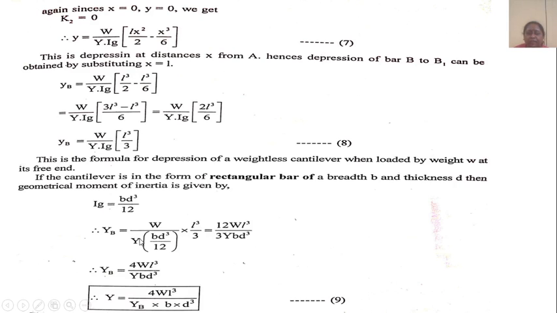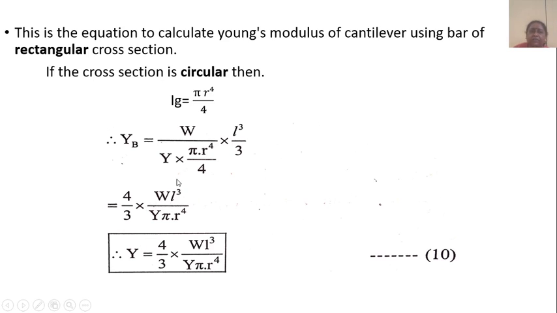Therefore, yB equals W upon Y into bd cube upon 12 into L cube upon 3. After simplification, we get yB equal to 4WL cube upon Ybd cube. Therefore, Y equals 4WL cube upon yB into bd cube. And this is equation 2.